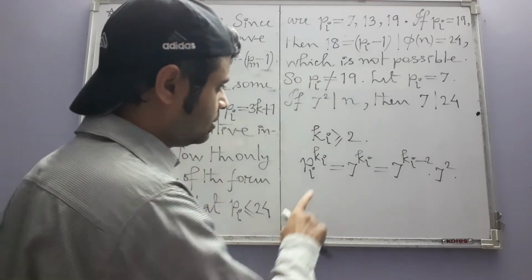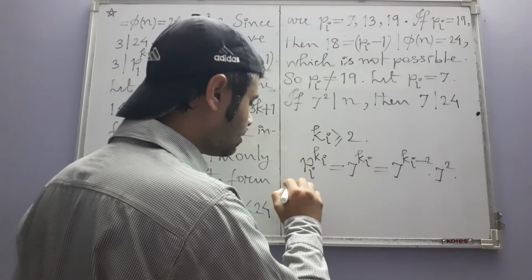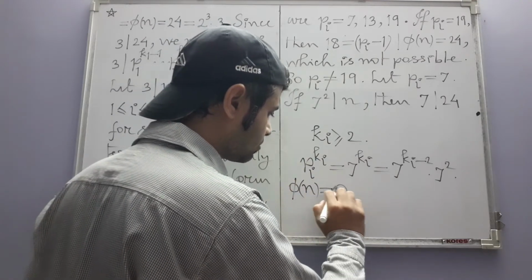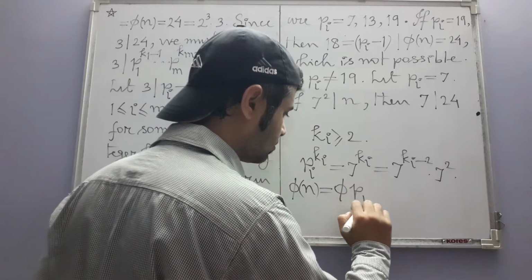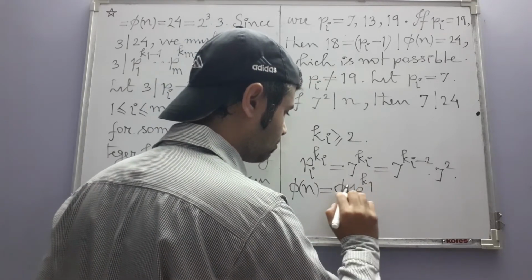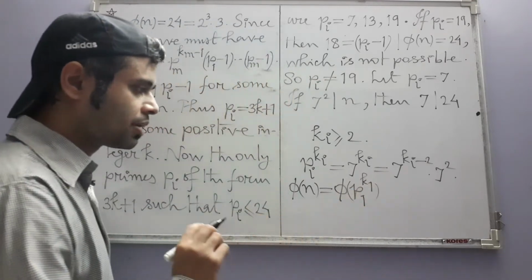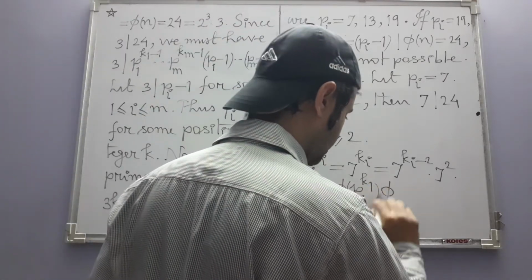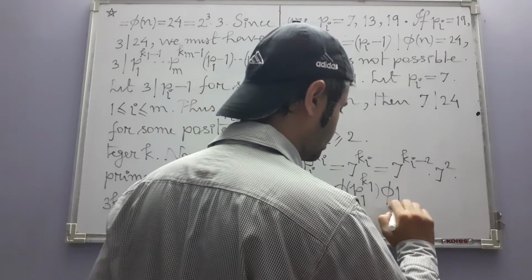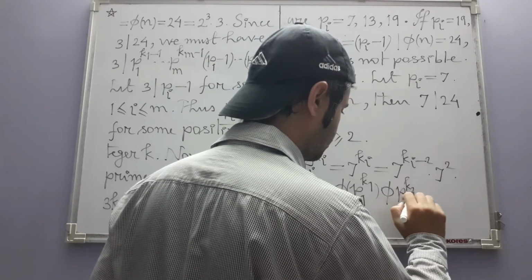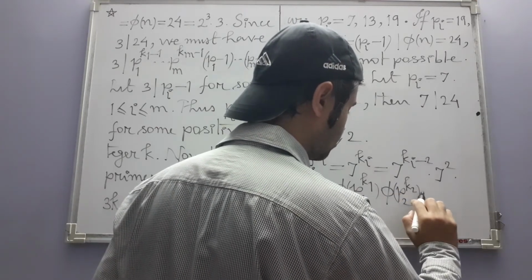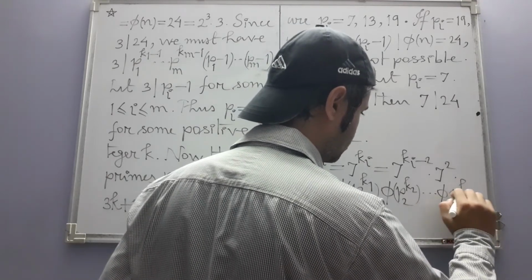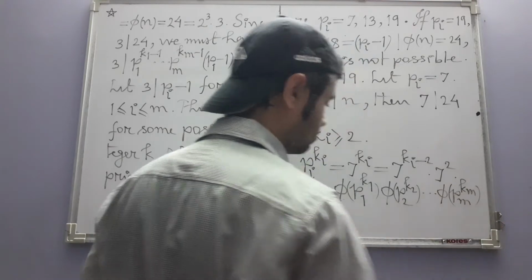Now when we calculate the phi value of n, actually what we are doing, we are calculating the phi value of each separate prime power separately and then taking their product, because the Euler phi function is multiplicative.